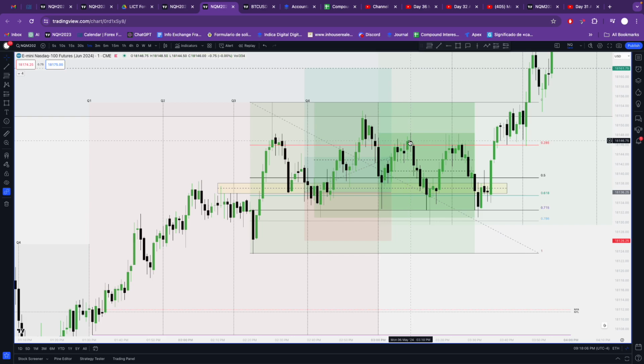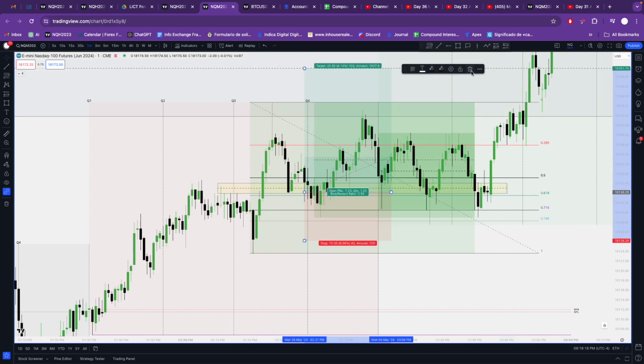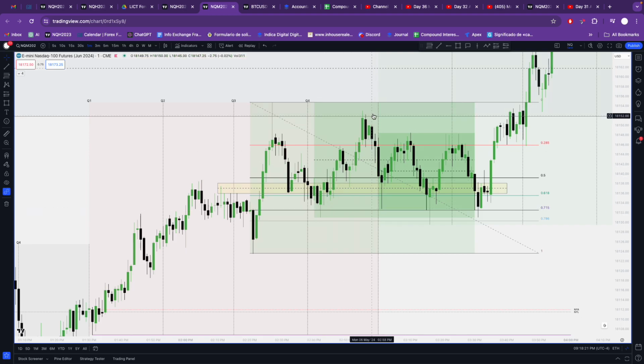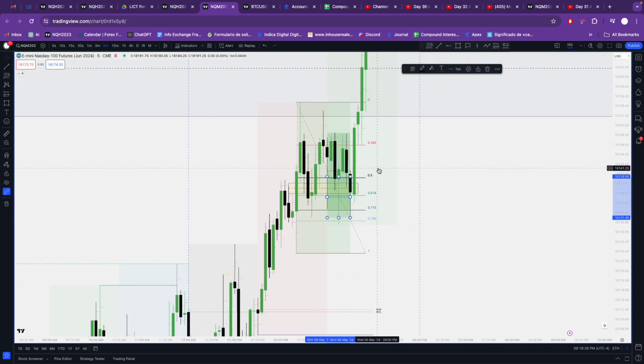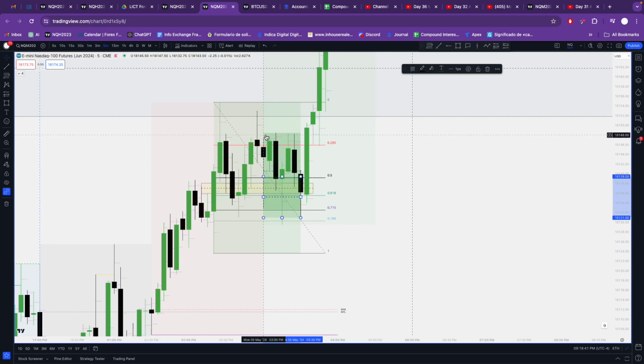Boom. Still within this range here. Then we go from high to low, and we make another consolidation range. Let's move this away. See? From here to here. Actually, because one of these wicks, if I'm not mistaken. Wait a second. Yeah, it's from this high to this low.